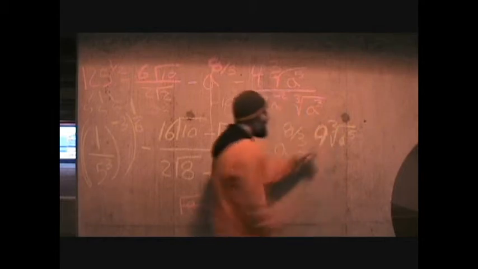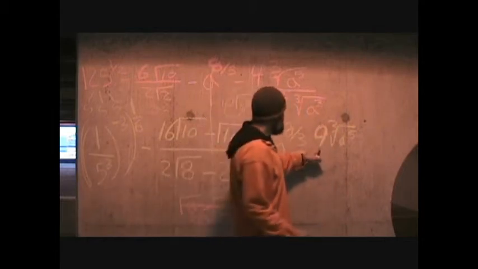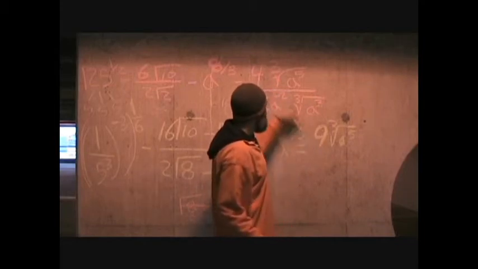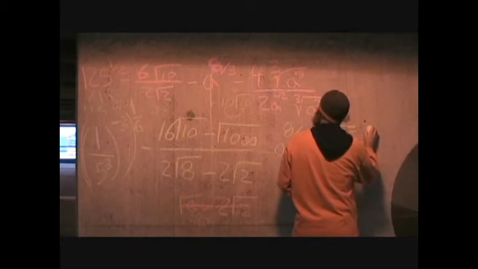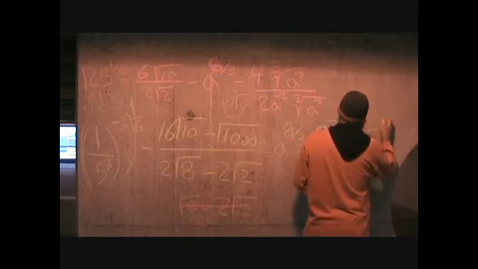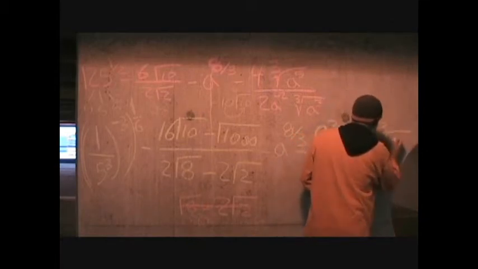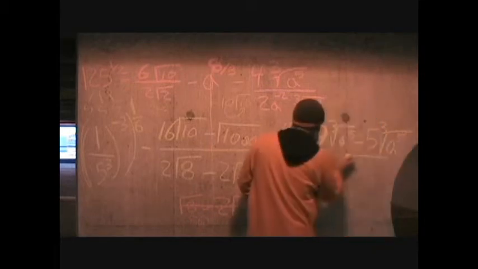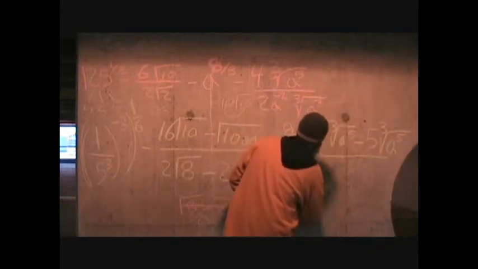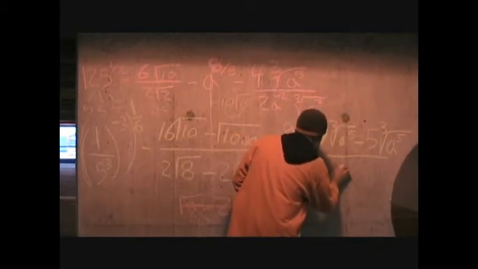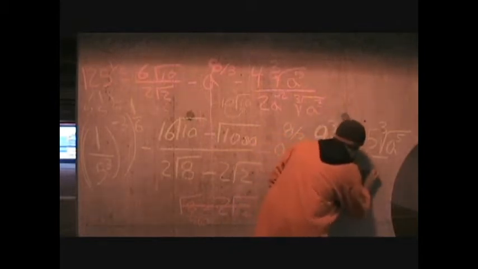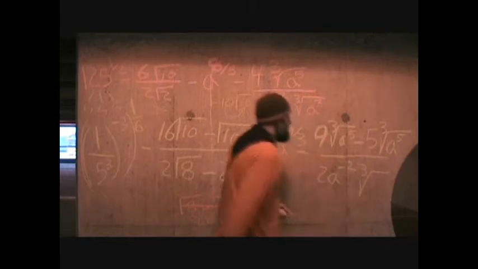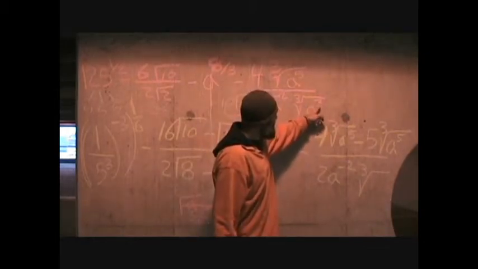I can rewrite 4 easily as 9. So I have to subtract 5 from 9 to give it back 4. So I'm going to go minus 5 cube root of a to the power of all divided by 2. A to the power of negative 2 cube root of, actually let's do something with that.